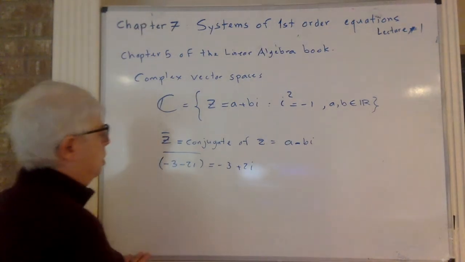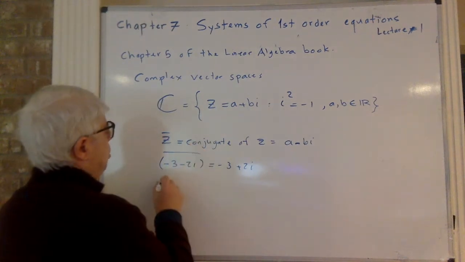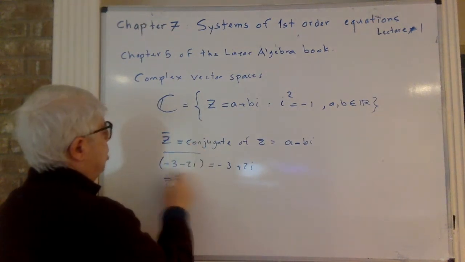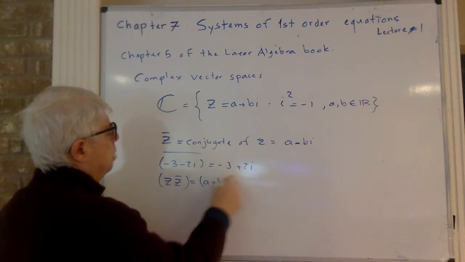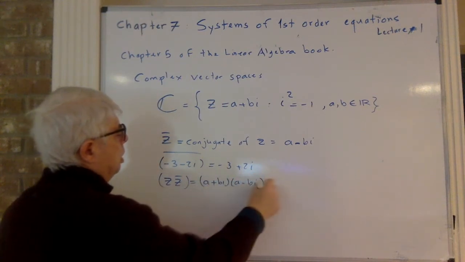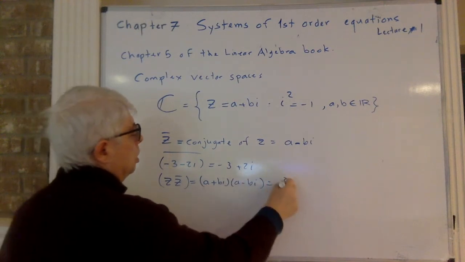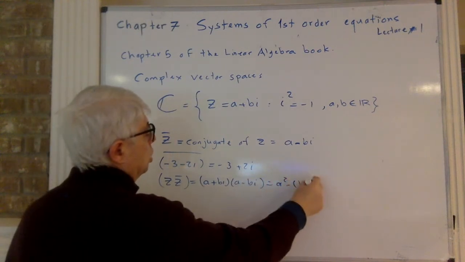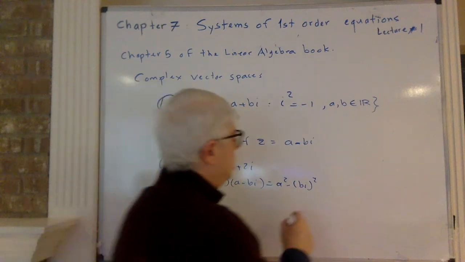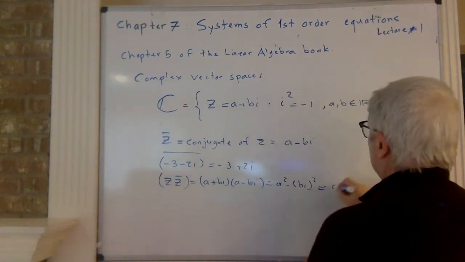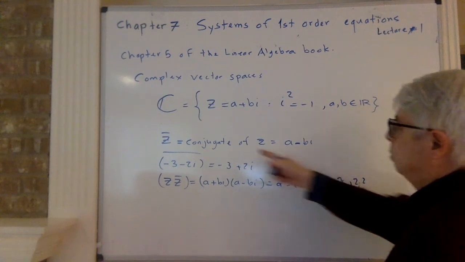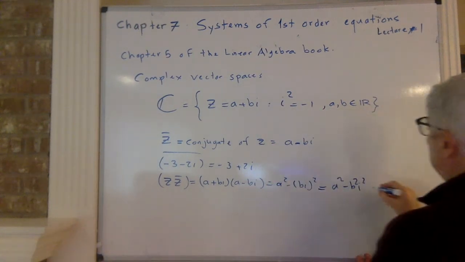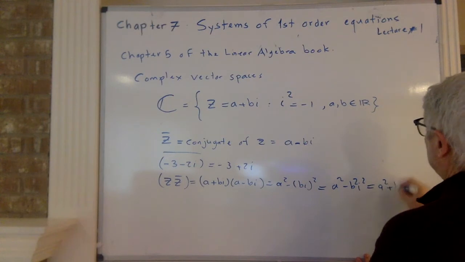And if I multiply Z and Z bar, I have a plus bi times a minus bi, and that is a squared minus b squared i squared, and i squared is -1, so that is a squared plus b squared.